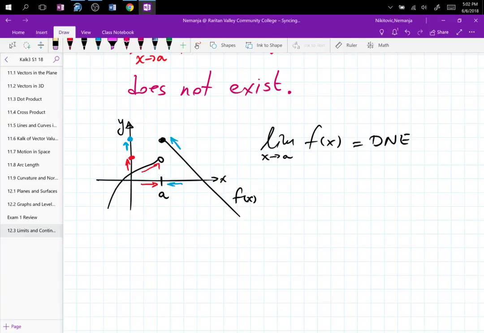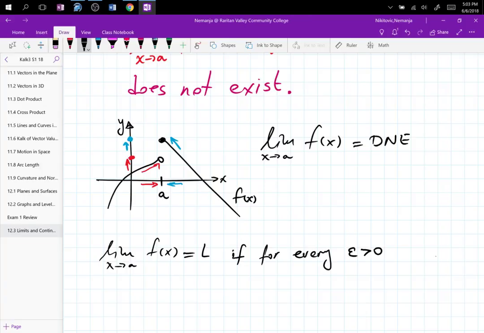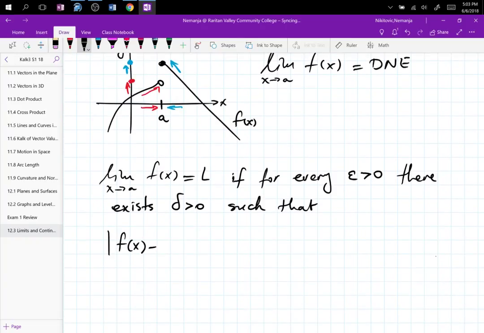before I do this, you might or you might not remember that we have a precise definition of a limit with epsilon and delta, which was coined by the mathematician Weierstrass somewhere in the 1850s, which says that we write that the limit as x goes to a of f of x is equal to L if for every epsilon larger than 0 there exists a delta larger than 0 such that the difference between f of x and L is smaller than epsilon whenever 0 is less than the absolute value of x minus a, which is less than delta.